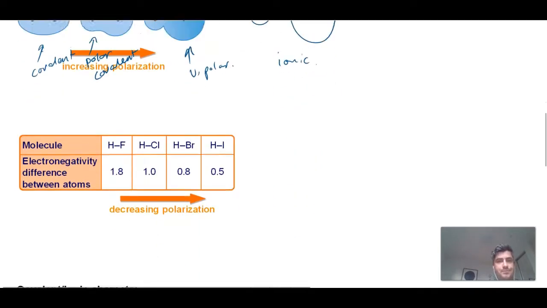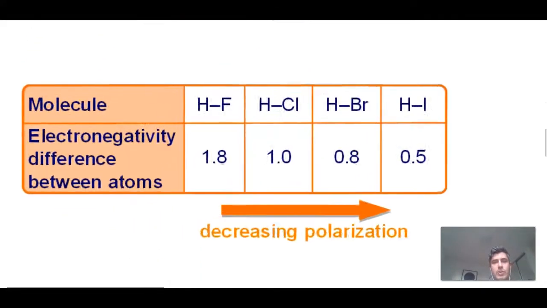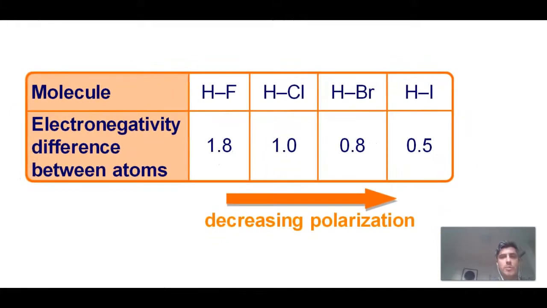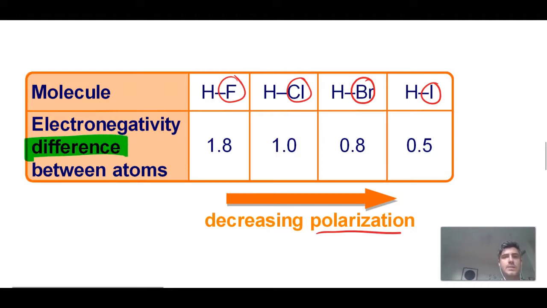So if we look at a simple hydrogen halide, which is a group 17 element bonded to hydrogen, we can see that if we change the halogen part for less and less electronegative ones, so if you go down the periodic table, they become less electronegative, the polarization decreases. And we know that because the difference in the electronegativity is decreasing.